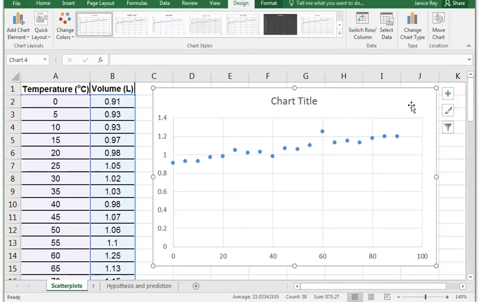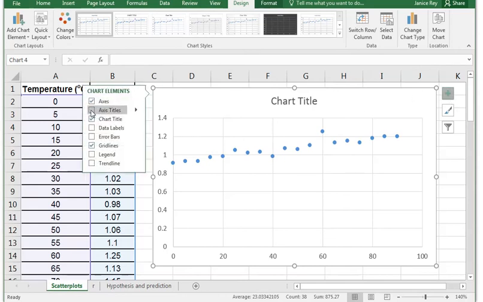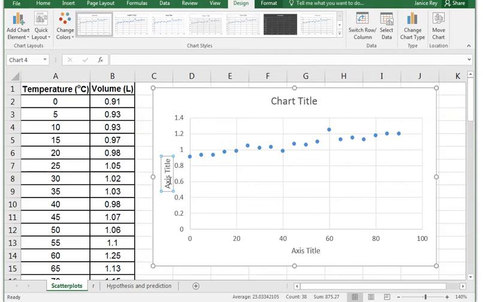But we generally want to add some things onto here, like a chart title and some axes. So in this case, whoops, didn't mean to move the title, I just want to change the title. So our Y title would be volume in liters, and our X title would be temperature in Celsius.